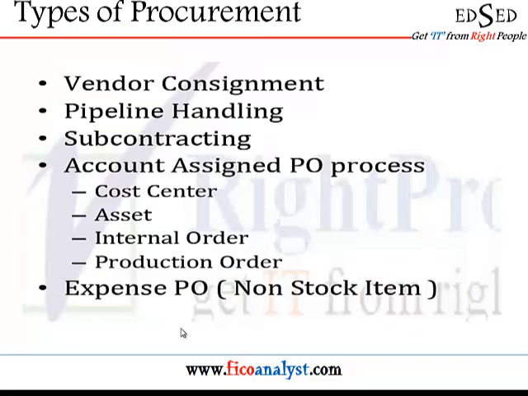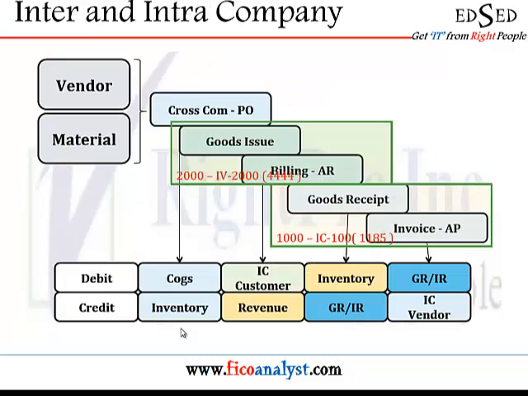Then we will also be covering different types of procurement like vendor consignment, pipeline handling, subcontracting, account assigned purchase orders and expense POs, and service management, which is external service management, as part of this course. And intercompany and intracompany, which is quite interesting for finance folks, and we will trace through all the accounting entries in this process.